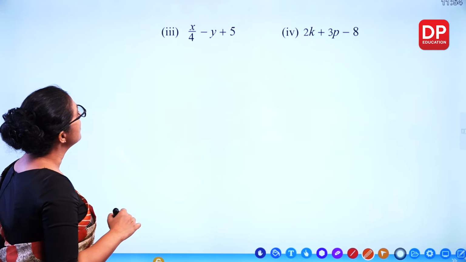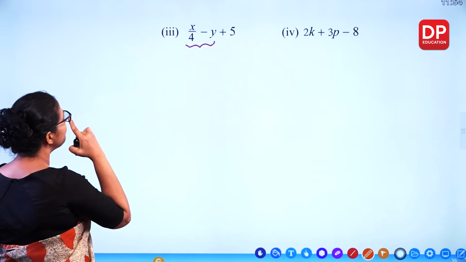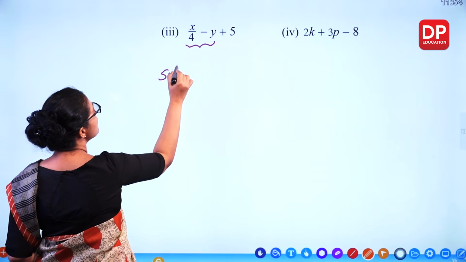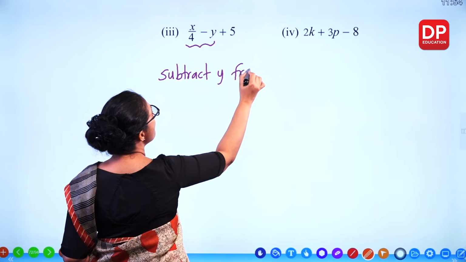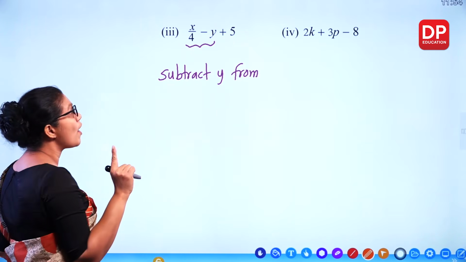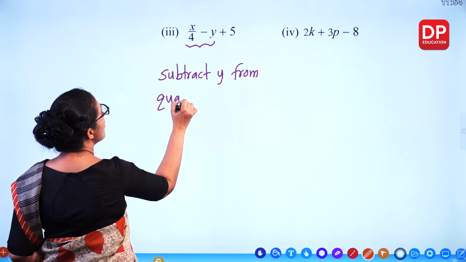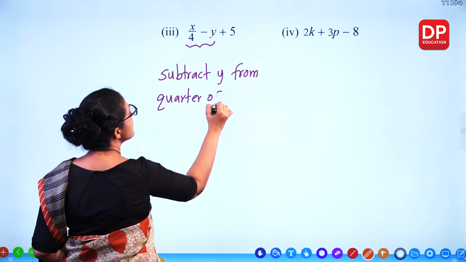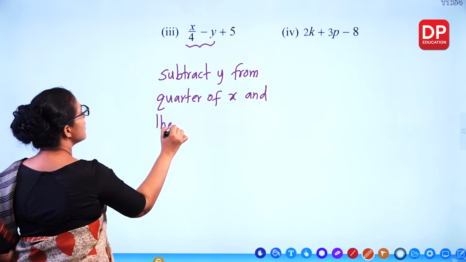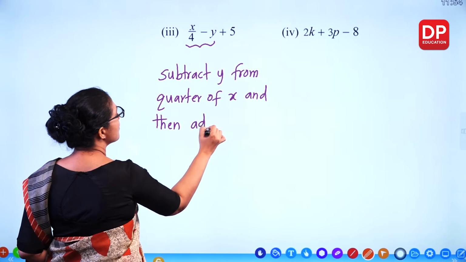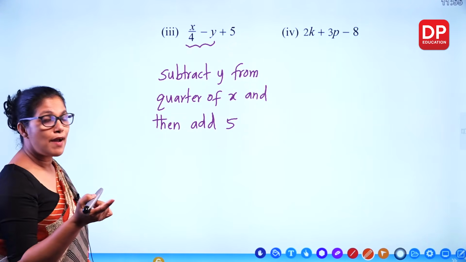This one, how can we write? We can write first these two: subtract Y from 1/4 of X, quarter of X, and then add 5. You need to add 5 to the answer.